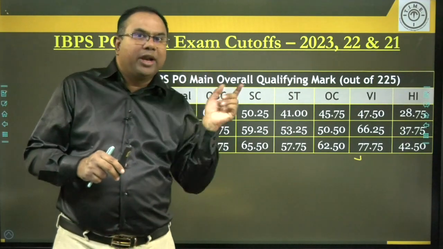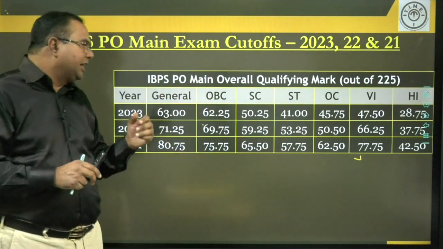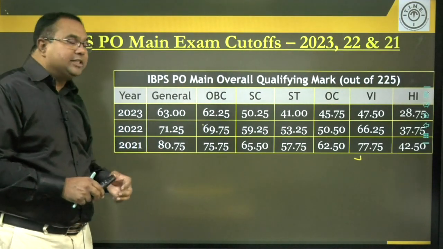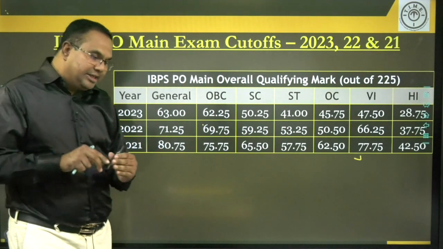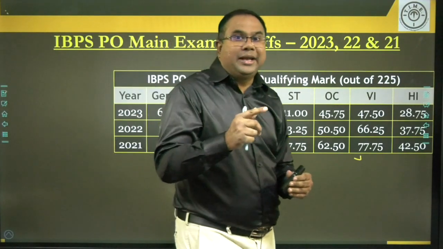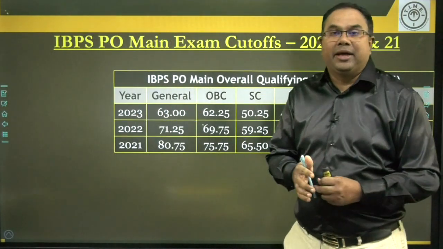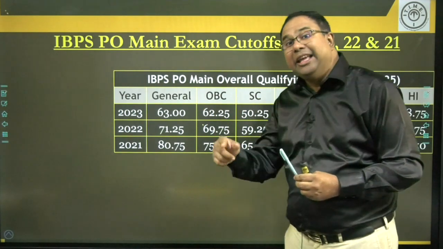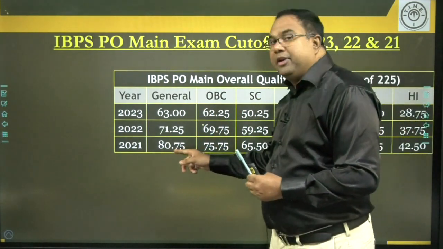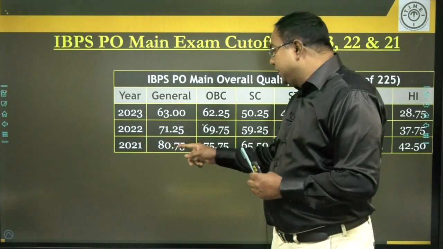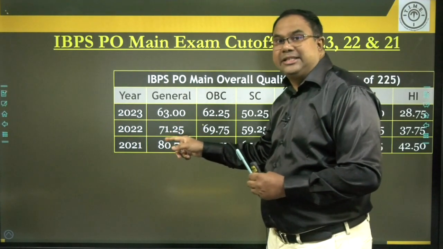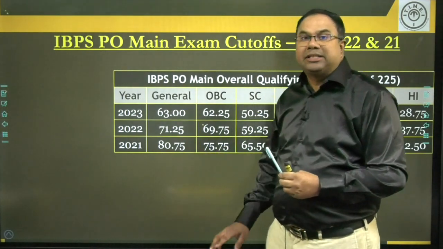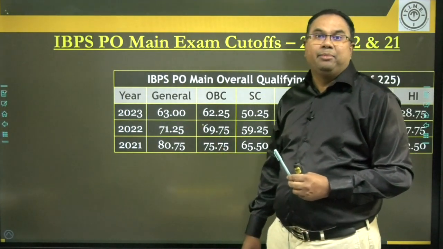So if you observe the overall cutoff, this year for general category it is 63, last year 71, before that 80.75. This indicates that the difficulty level of the paper is increasing year by year. From 80.75, a drop of more than 9 marks to 71.25, again a drop of around 7 to 8 marks, and now it is 63 marks.